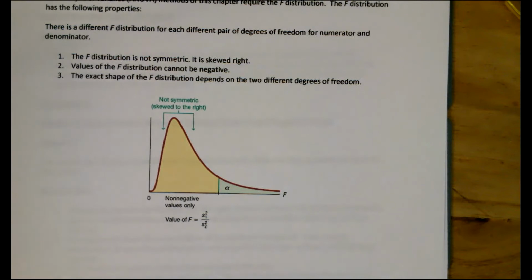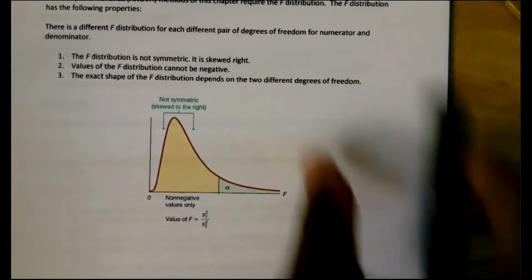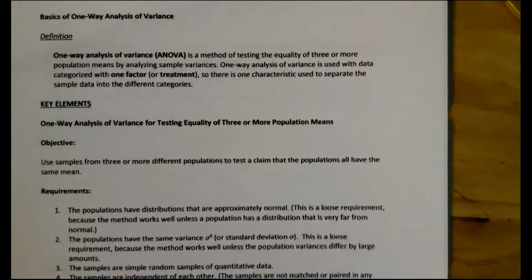Okay. All right, so here's a definition of one-way analysis of variance, or in short, ANOVA. That is a method of testing the equality of three or more population means by analyzing sample variances. One-way analysis of variance is used with data categorized with one factor or treatment.